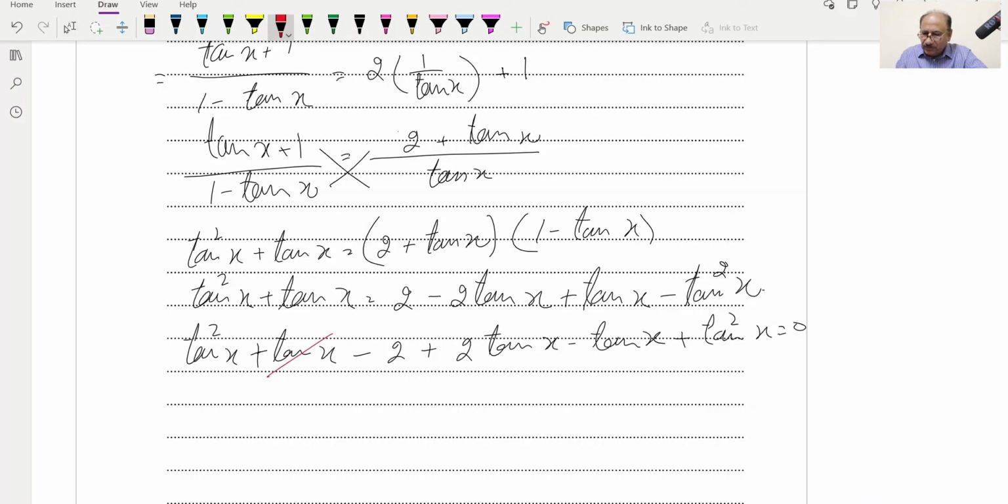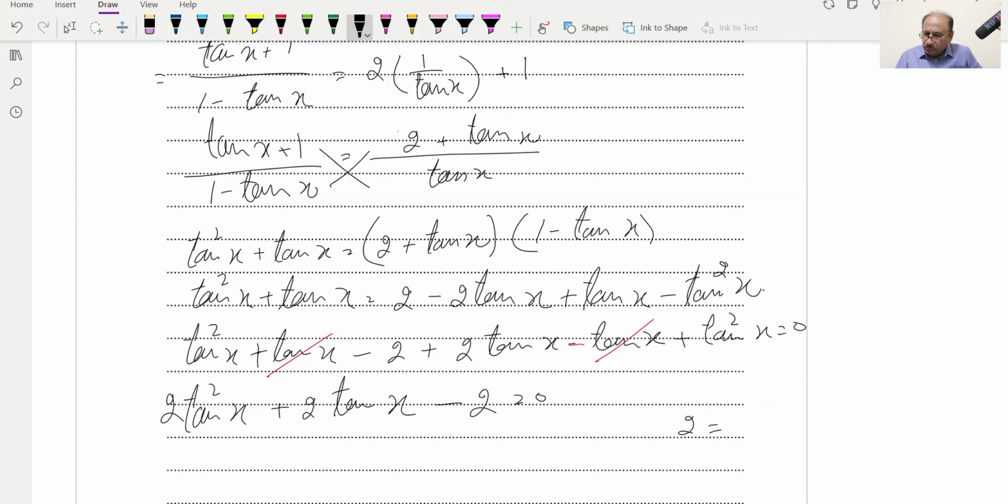This plus tan x minus tan x, so these two will be cancelled, and we can write tan square x and this also tan square x. So 2 tan square x plus 2 tan x minus 2 is equal to 0.